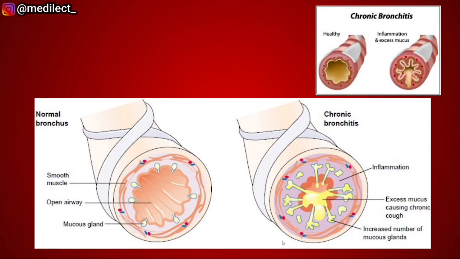So inflammation, then the narrowing of the lumen, and this narrowing of the lumen is caused by the excess mucus production, excess hypertrophy of the mucus glands. Also narrowing of this lumen is caused because of the thickening of the smooth muscles around the bronchus, and because of such things the lumen is narrowed, which is causing obstruction.